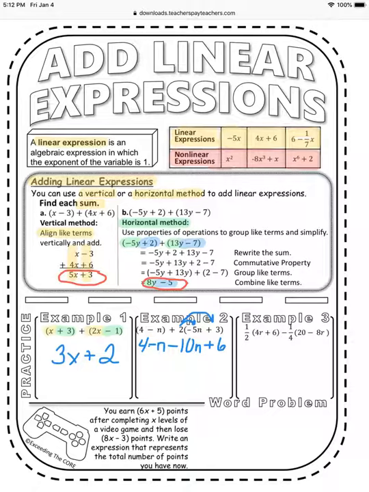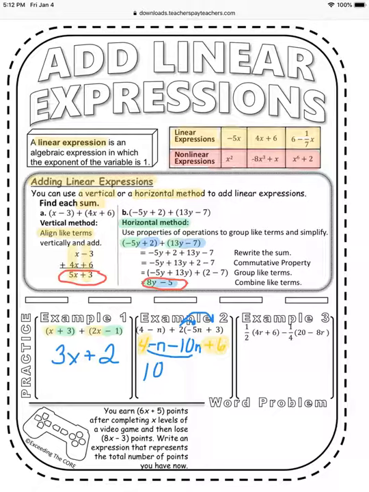Next thing I'm going to do is start with whatever number came first, or term. I see a positive 4 that I can combine with positive 6. So I know that when you combine positive 4 with positive 6, you get 10. Then I'm going to combine the negative n and the negative 10n. Remember, there's a 1 in front of that negative n.